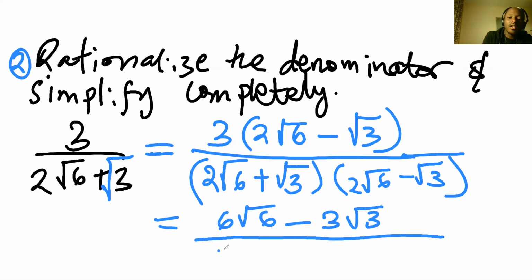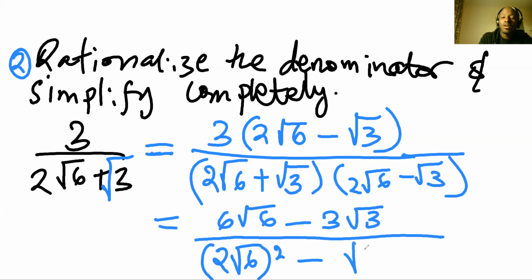So our a squared is 2 root 6 squared minus b squared, which is root 3 squared.